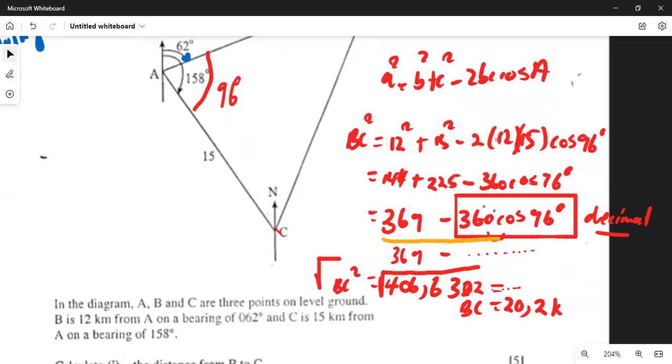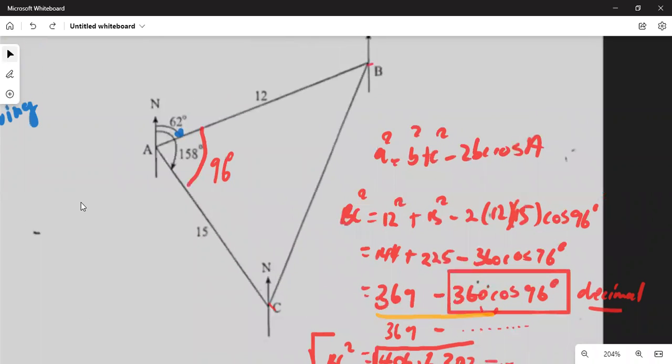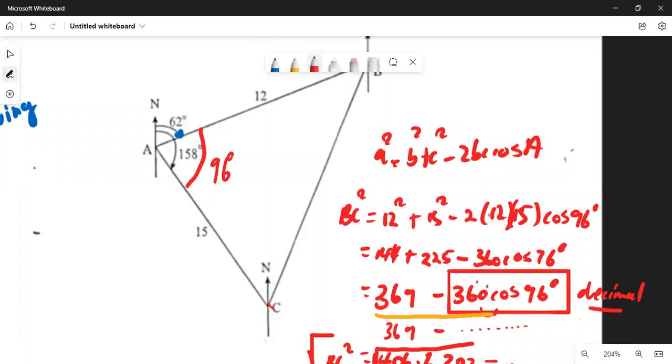And also take note that my units are kilometers. So here we can just present our BC as 20,2. Actually, in most cases, just take note of the actual value that you obtained.